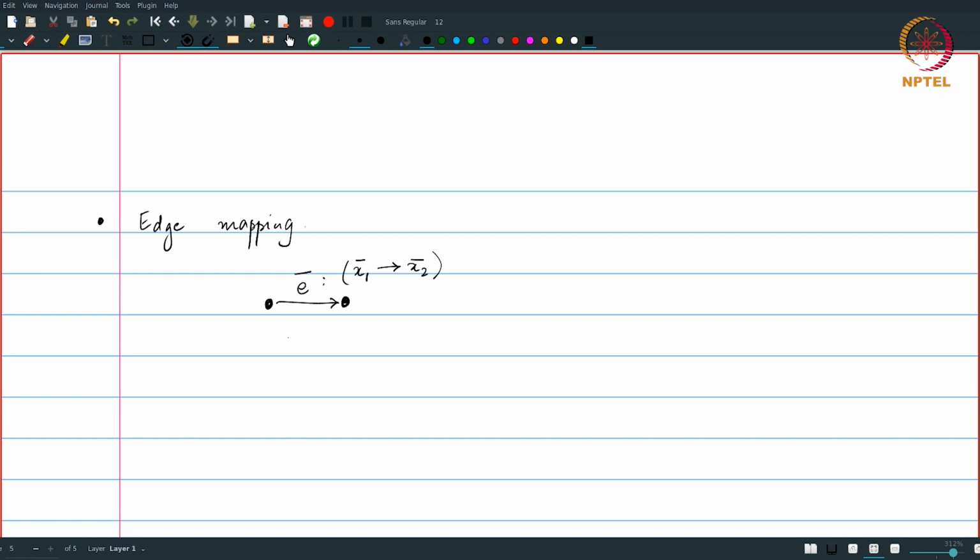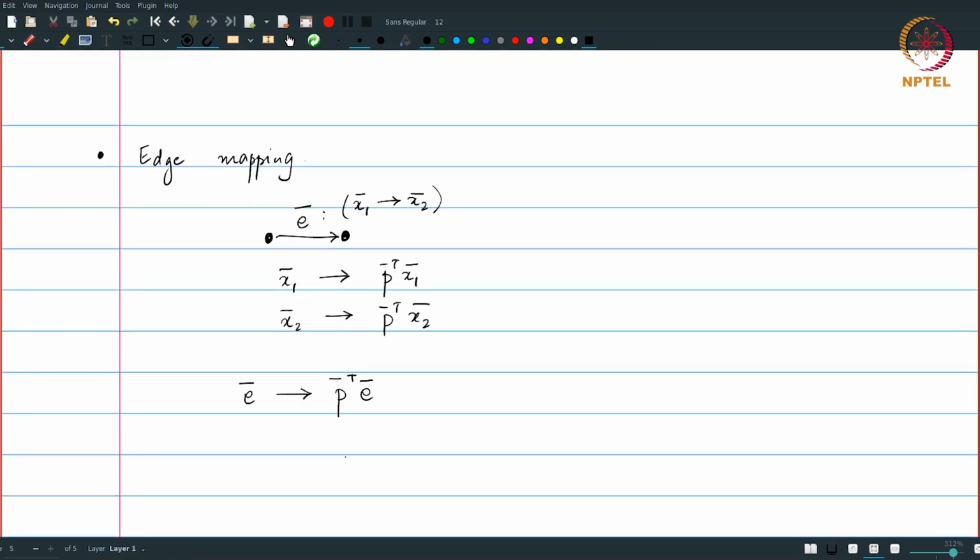And since we know that x1 will be mapped to P transpose x1 and x2 will be mapped to P transpose x2, what we can say over here is that the edge E will be mapped to P transpose E. That is to say, the P transpose E can be used in order to find out what would be the new direction of the resulting edge that we have.